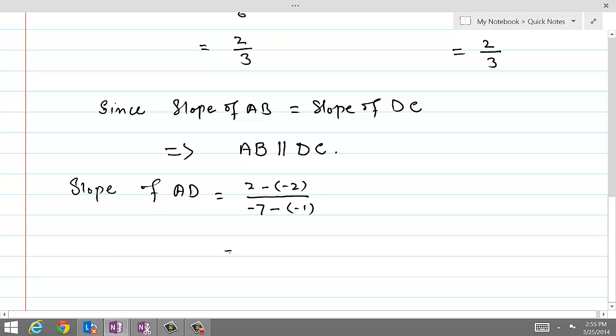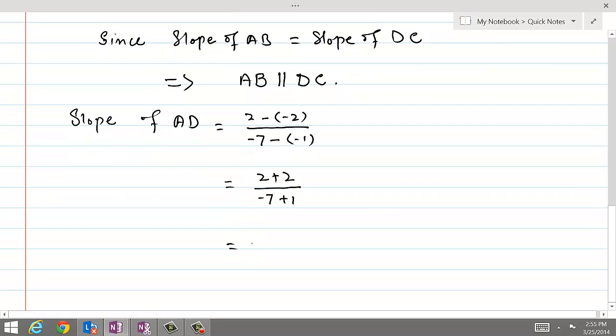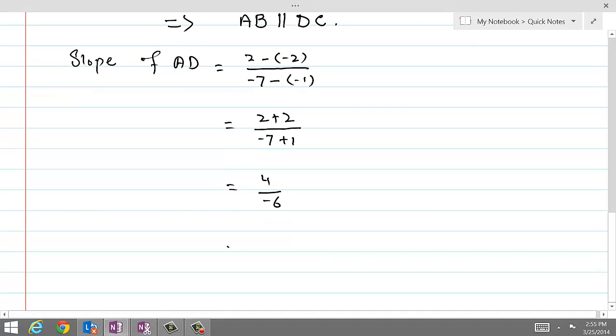So this will become equal to 2 plus 2 over -7 plus 1, and this will give us 4 over -6. So the answer is 2 over -3 or -2 over 3.